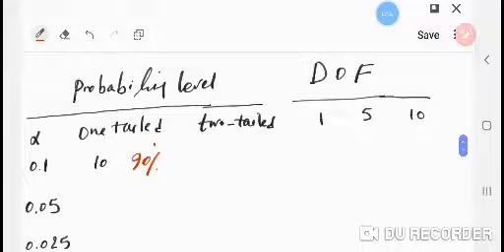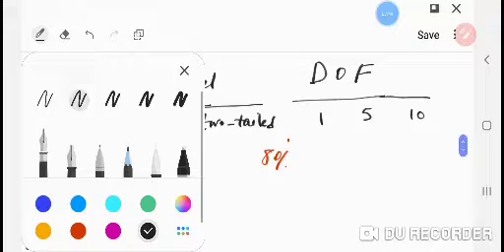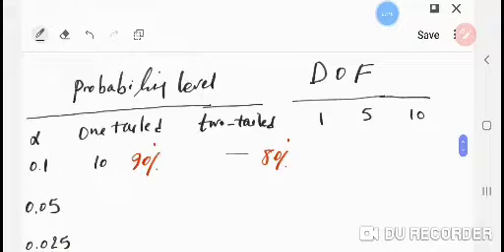But for two-tailed tests, this is 80%, and the probability level is 20%.